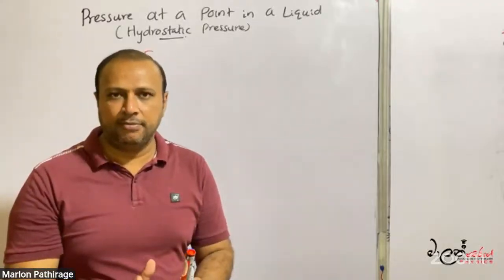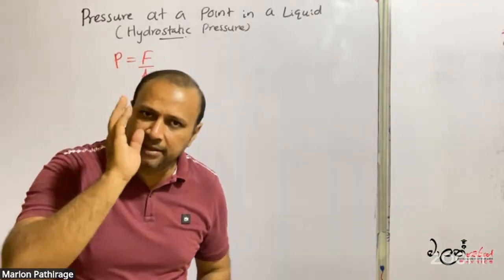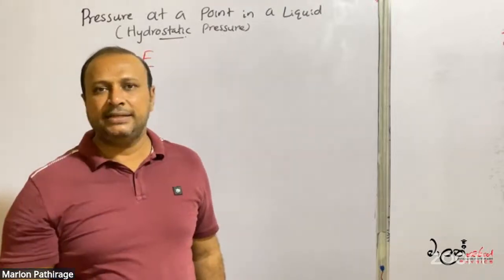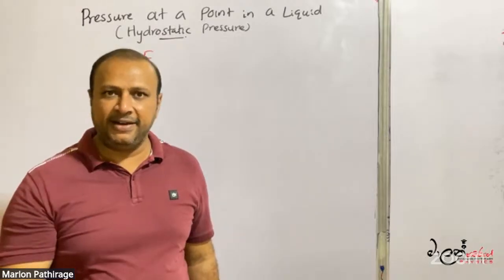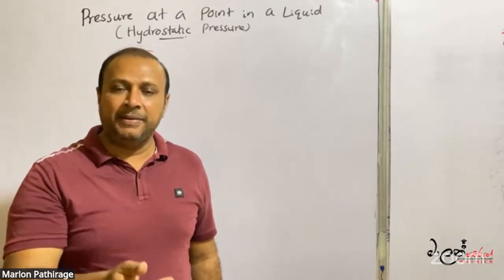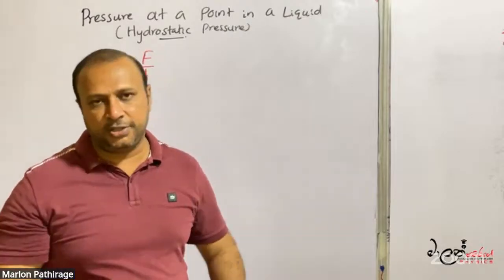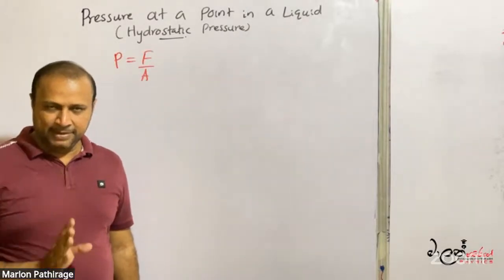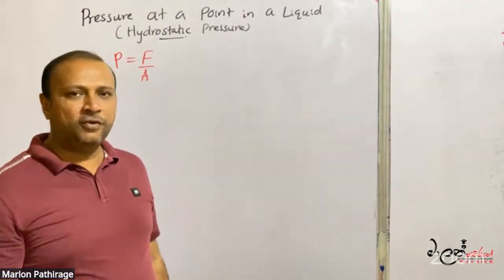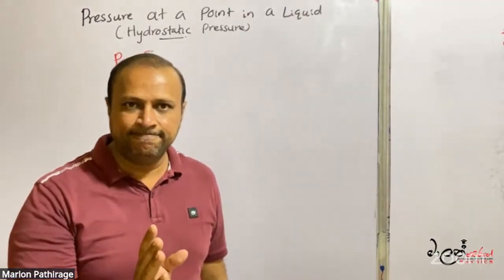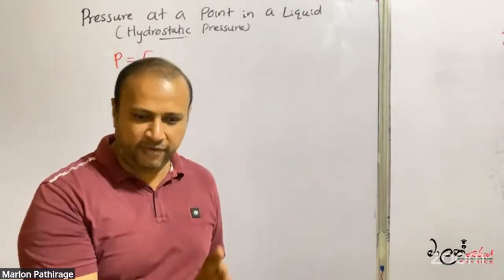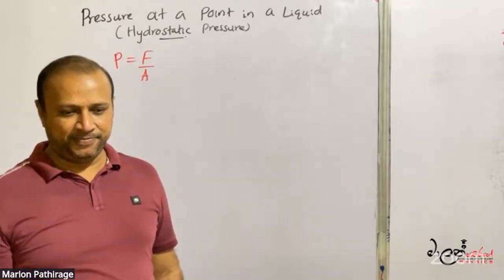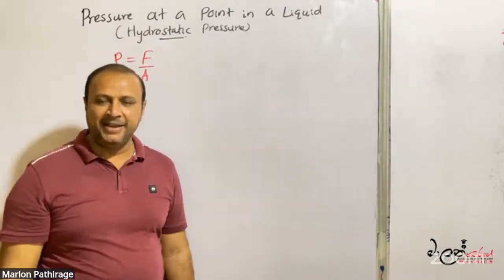But definitely there should be a force exerted on a certain area. Otherwise, we cannot observe a pressure. Is that clear? If you are clear on that argument, please raise your hand. If there is a pressure, definitely there should be a force exerted on a certain area.